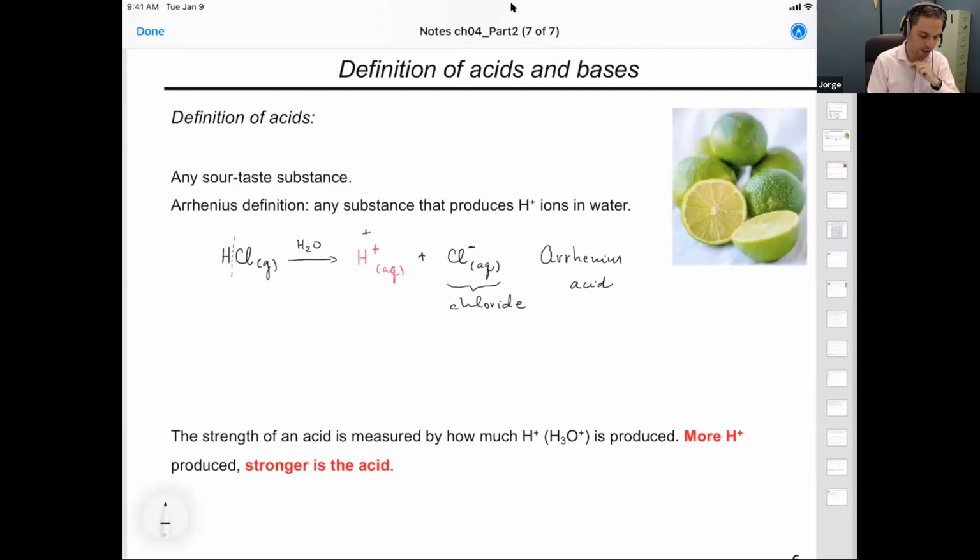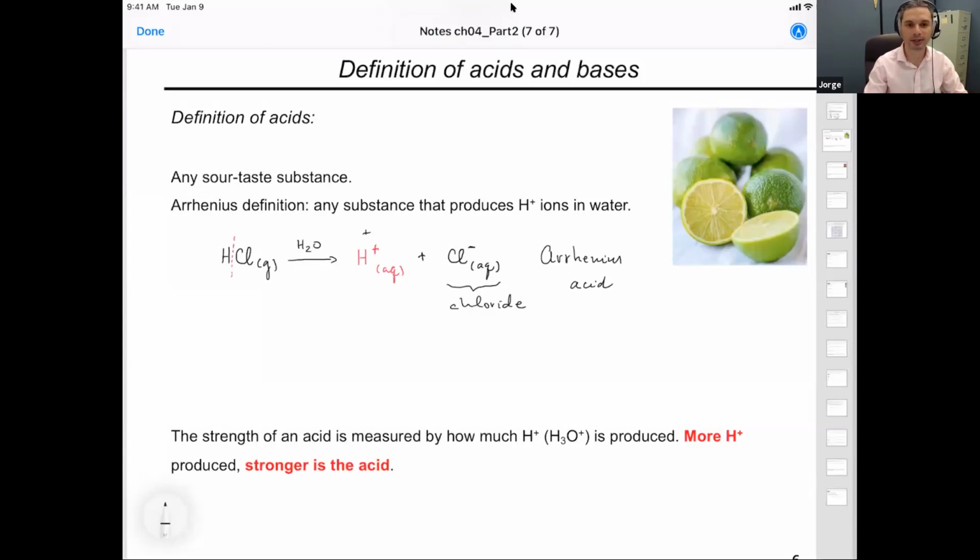Note here that I started from a covalent compound, and in this case, the bond between hydrogen and chlorine is not strong enough, so the water can split that bond, producing ions. The cation is H+, and the anion is chloride. So that was a very simple example using a hydracid.